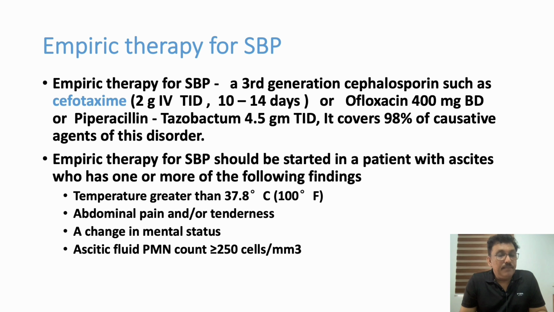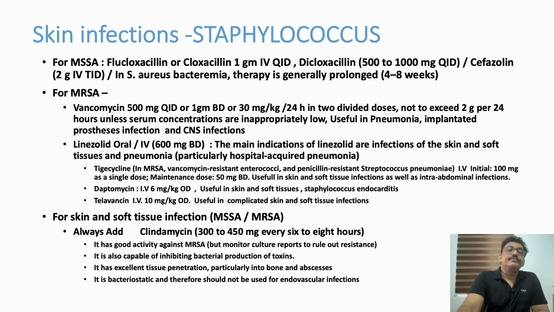They act mainly against gram negative infection. E. coli is the most common bacteria producing SBP, so we start with ceftriaxone or cefotaxime. Some patients may require a higher antibiotic like piperacillin tazobactam, meropenem, cefepime tazobactam, or cefoperazone sulbactam. All these can also be used.